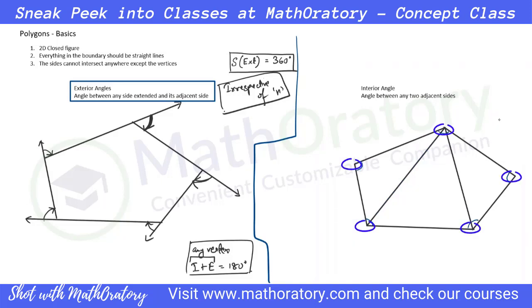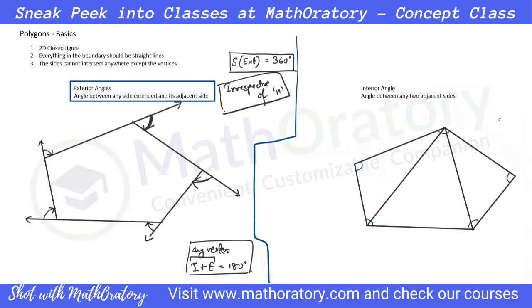There are 5 vertices here, right? In this case, because it's a 5-sided polygon. Now, from this vertex, I cannot draw a diagonal to this one, the one adjacent to it, or this one, or itself. So obviously these 3 vertices cannot be connected from this particular vertex. Everything except that can be connected. So there are 2 more vertices. So those 2 vertices can be connected via a diagonal from this particular vertex, right?